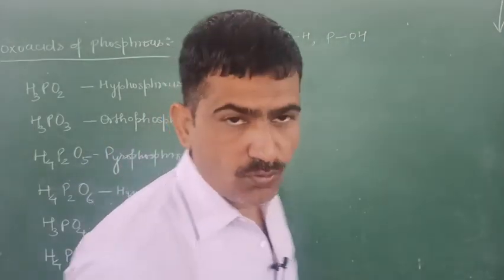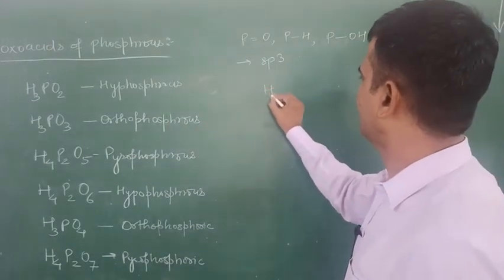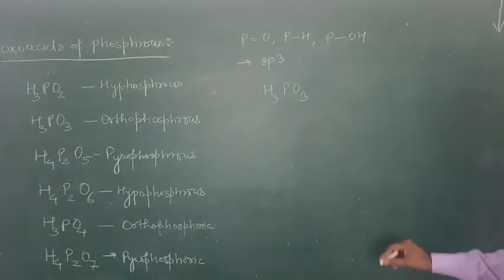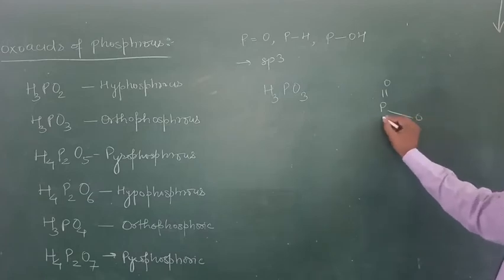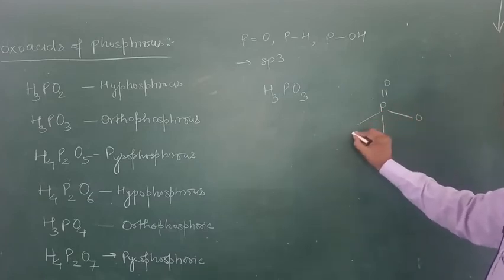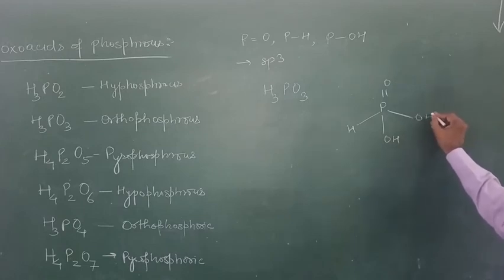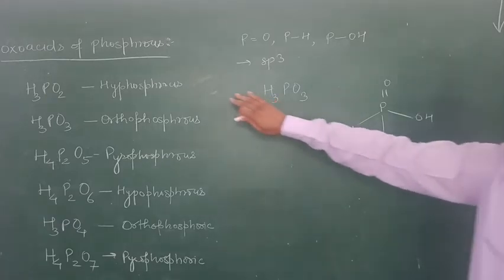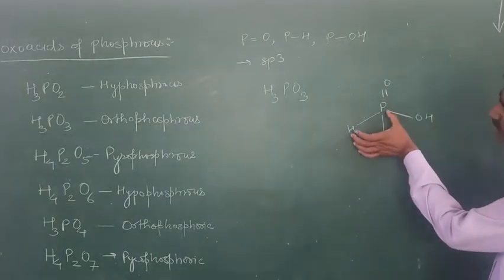Now after this we will discuss another acid, orthophosphorus acid, H3PO3. There is one phosphorus-oxygen double bond. This is H3PO3, orthophosphorus acid, and it is a weaker reducing agent than hypophosphorus acid because it has only one phosphorus-hydrogen bond.